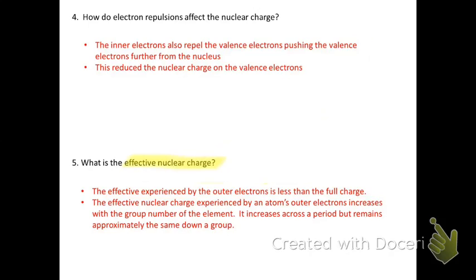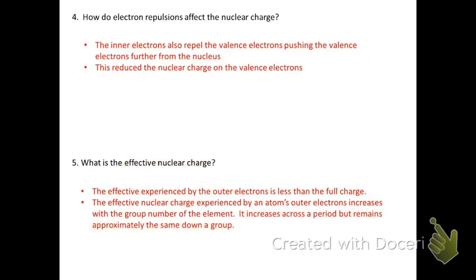With these 2 points, the effective nuclear charge experienced by an atom's outer electrons increases with the group number of the element. That means that as we go across the periodic table, left to right, the effective nuclear charge increases. And here's an important trend: it increases across the period, but approximately remains the same going down a group.